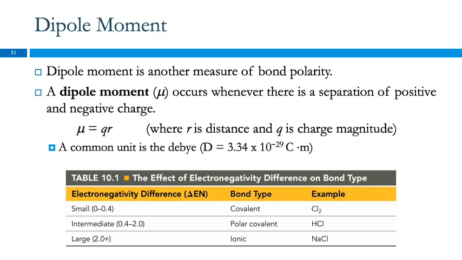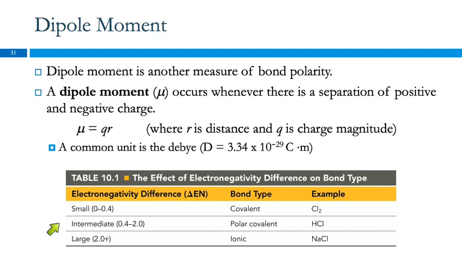But size also comes into play there, so it's not quite that simple. A unit for this is the debye, not to be confused with the city Dubai. A debye is 3.34 times 10 to the minus 30 coulomb meters. We're not going to use that, but there it is. We've heard about it. So this table down here kind of summarizes this.